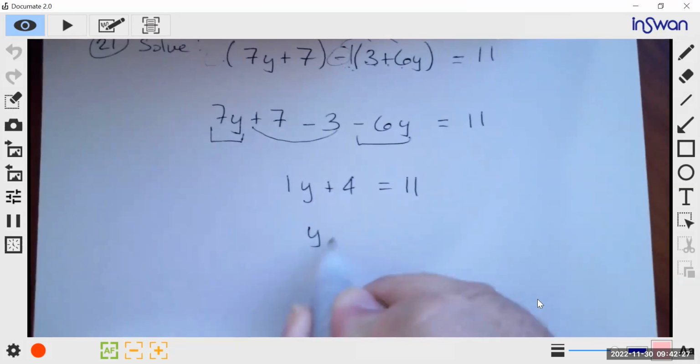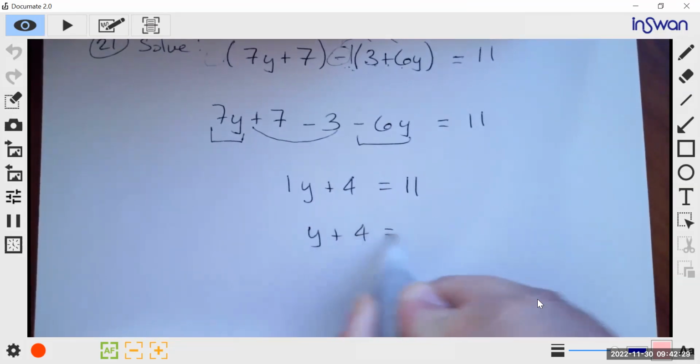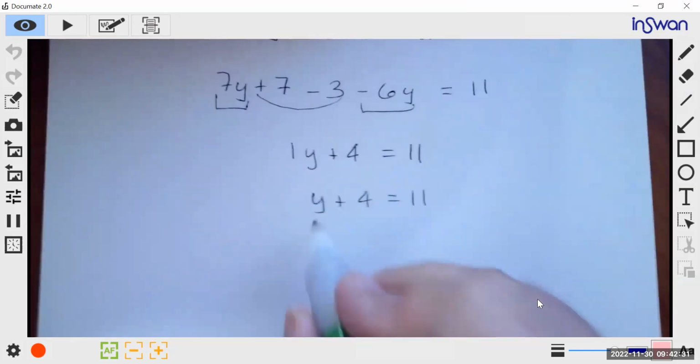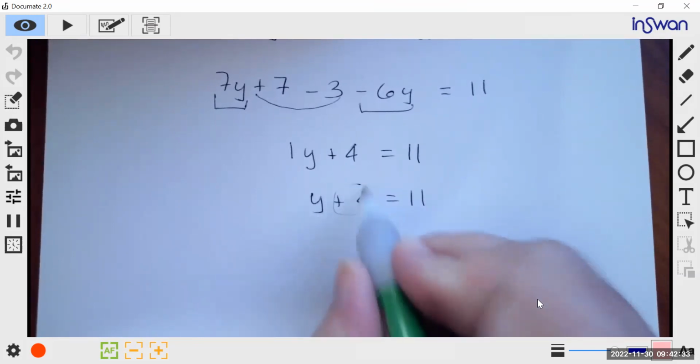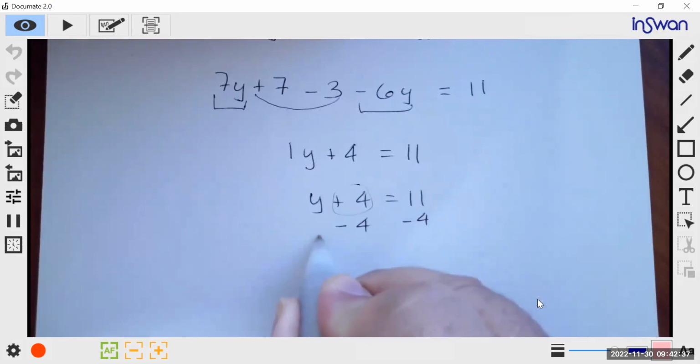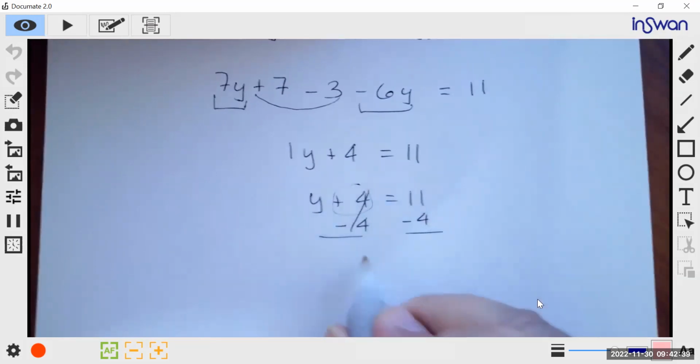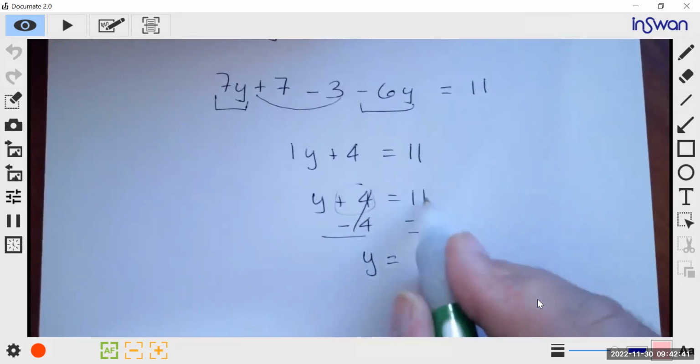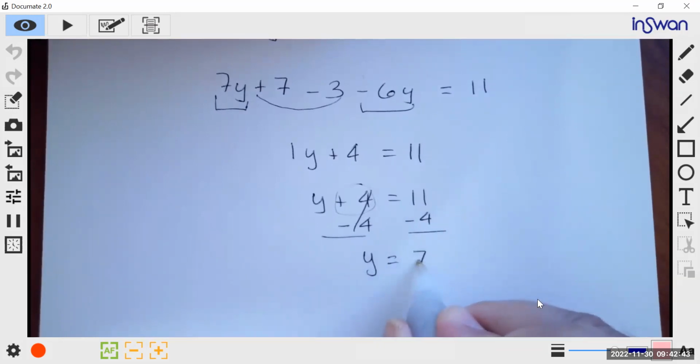So we have y plus 4 equals 11. To get the y by itself, we have to get rid of the positive 4. So we subtract 4. 11 minus 4 is 7. And that's your answer.